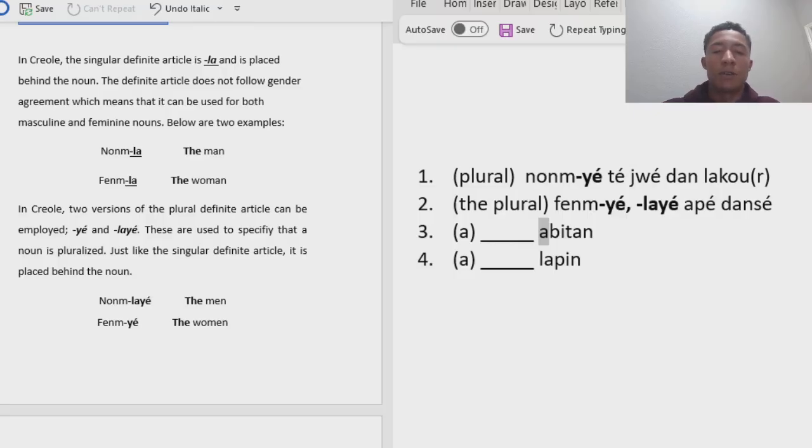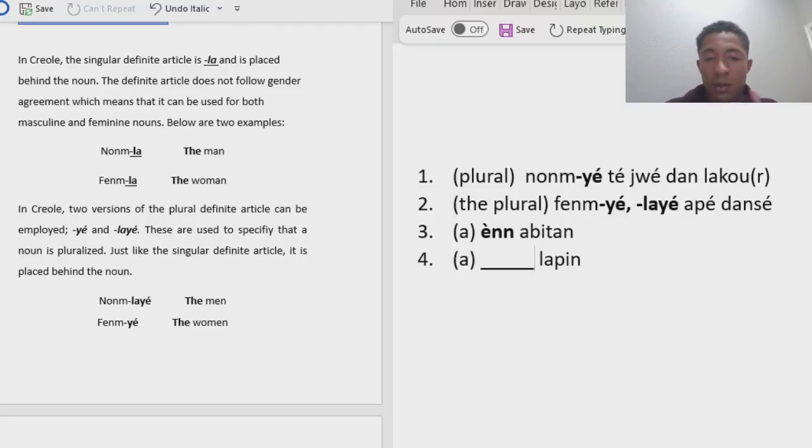Is a vowel. So what would that be? That's correct. Un habitant. A farmer.